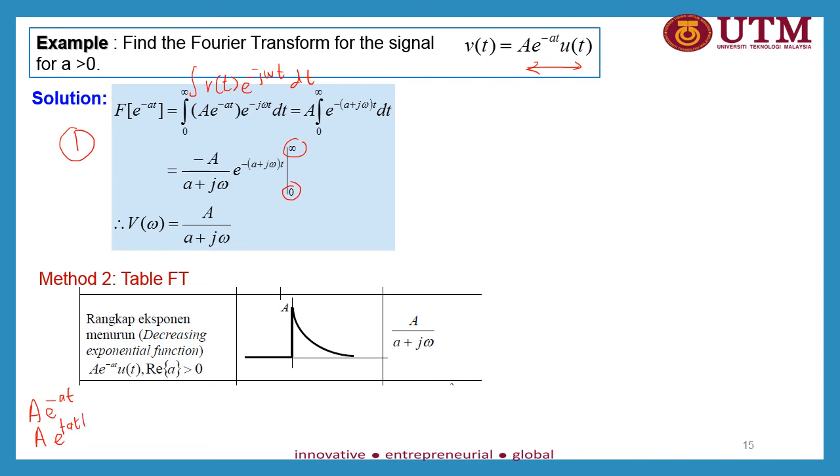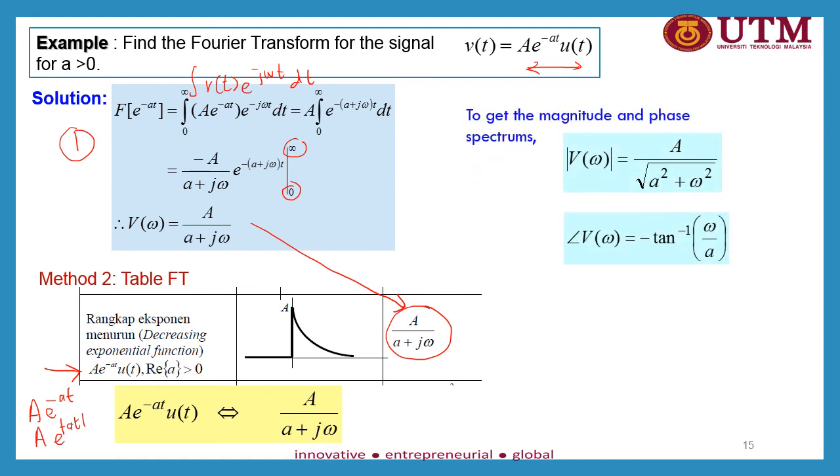So you need to compare with the closest equation. In this case, the function A e to the minus a t multiplied with u(t) is the actual equation. From the third column, you'll notice the Fourier transform of the same signal. So method 1 and method 2 produce the same answer.